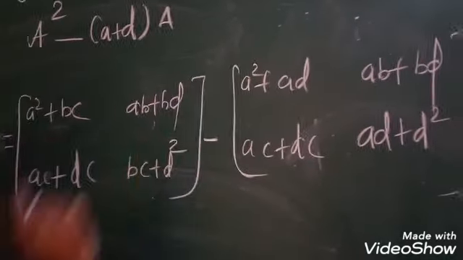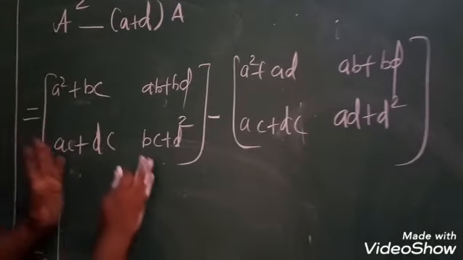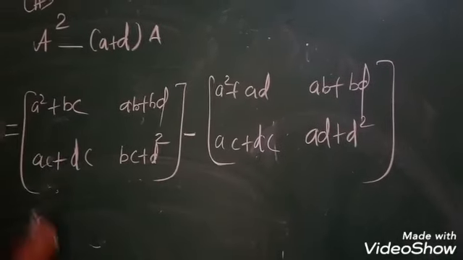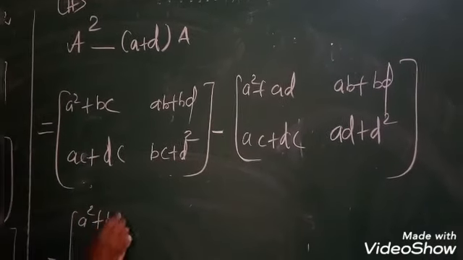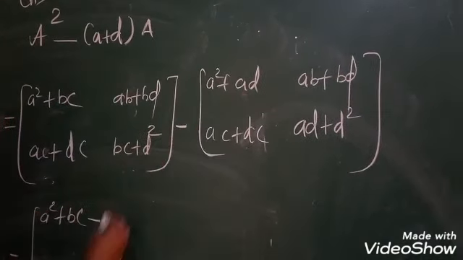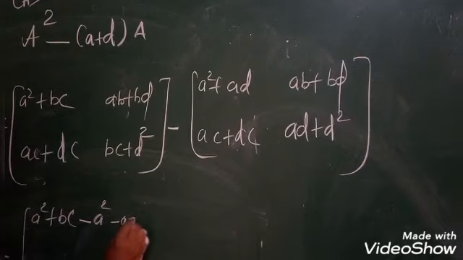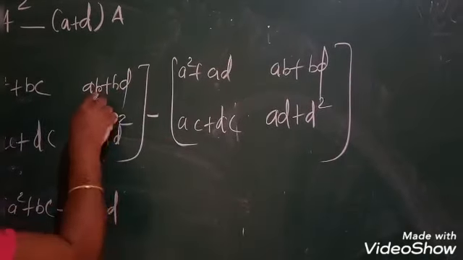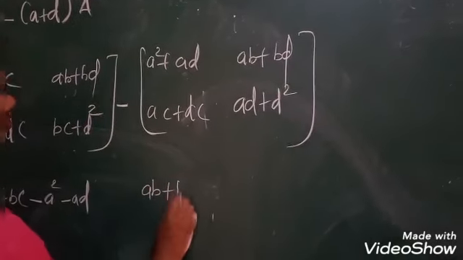Now you have to subtract, girls. See, this is for A squared, this is for (A plus B) into A. You want to subtract each element. So first element: A squared plus BC minus this. The minus is common for two elements. Here minus A squared minus AD. Okay. The next, second element: AB plus BD.